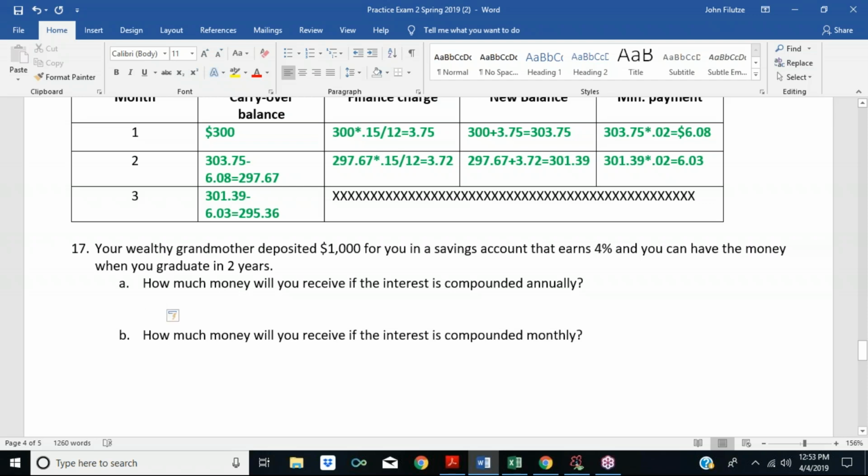So the balance equals the principal, that's the amount that you put in, and then 1 plus the rate, so 1 plus 0.04 or 1.04 to the 2 power. And it is 1081.60. Thank you, Megan.